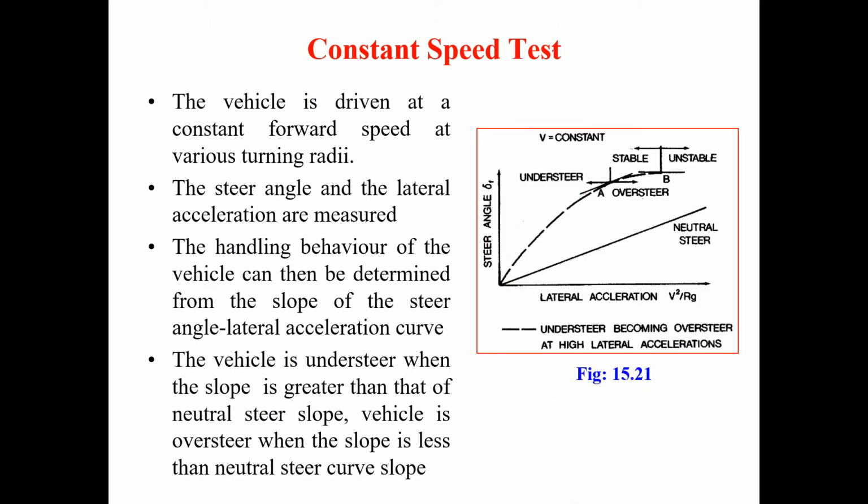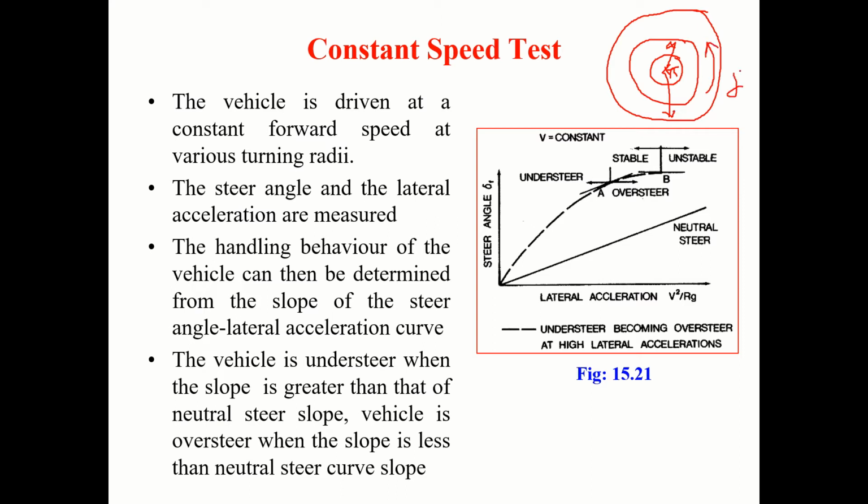Same, a constant speed test. Now what you do? Take one circle, next another circle, next another circle, like this. R is changing. Velocity is constant.